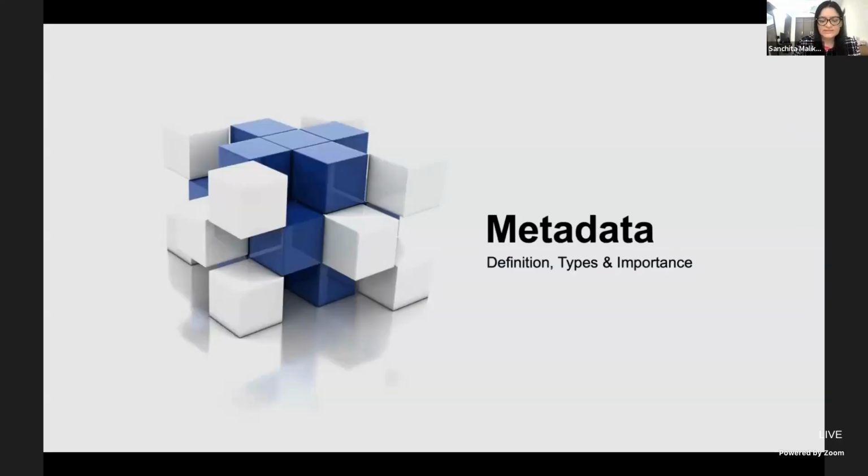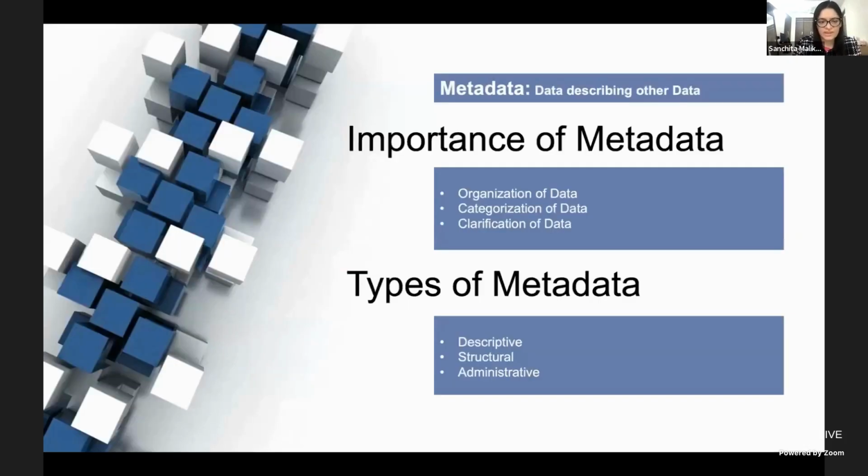Now, the second term we will discuss, before we talk about creating a robust taxonomy, is metadata. What is metadata? It's basically data describing other data. And there are three broad types of metadata. One is descriptive, which provides basic information about a file, such as title, author, or keywords.